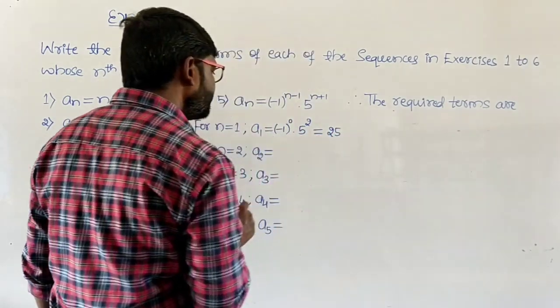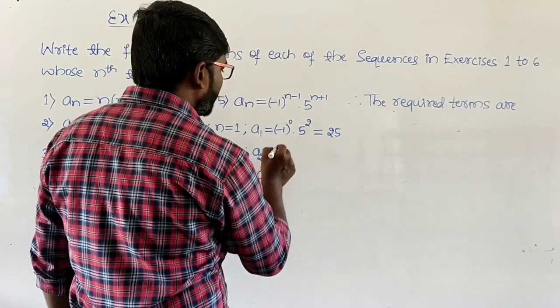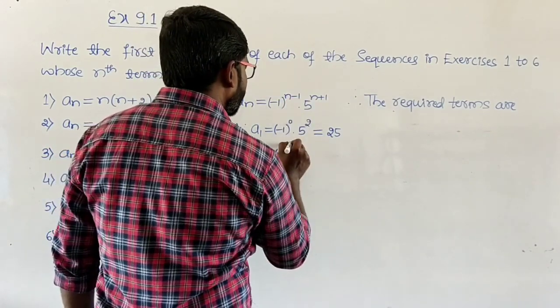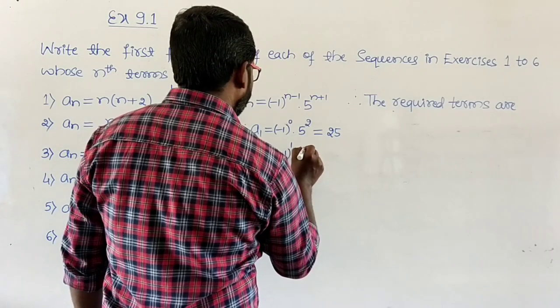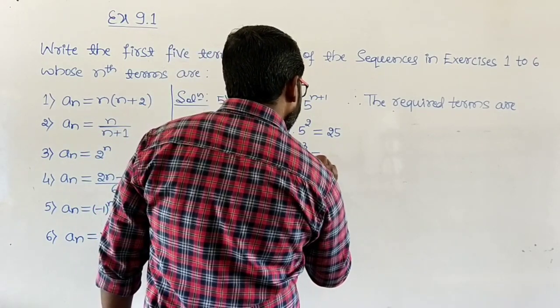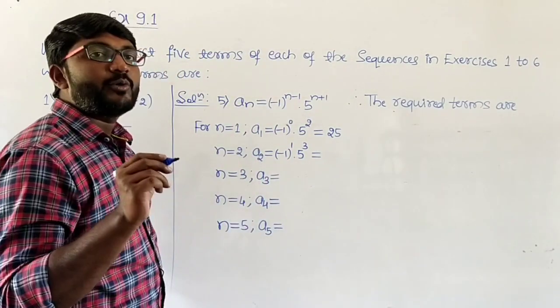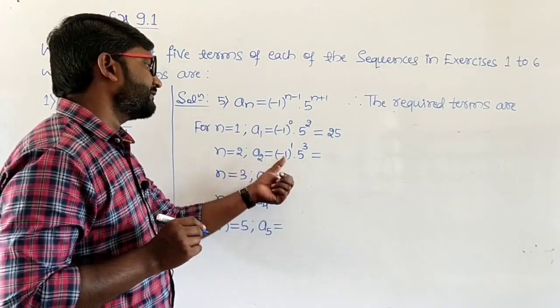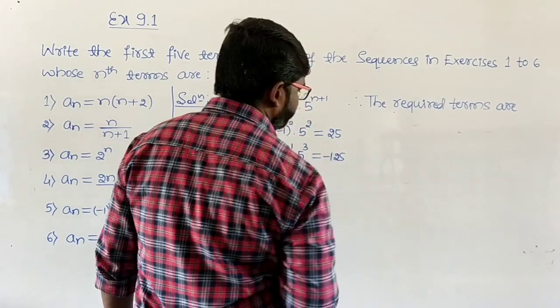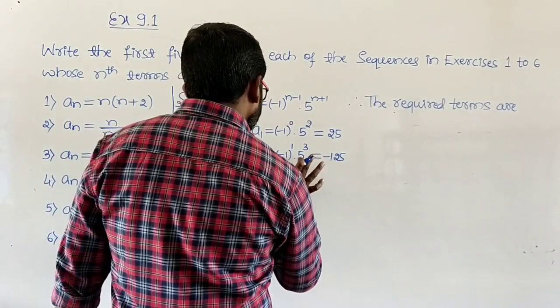Then now you go for n equal to 2. Minus 1 to the power 2 minus 1 is 1, into 5 to the power 2 plus 1, which is 3. So now 5 cube is 125, and with the minus 1 we get minus 125. Then now what do we have?